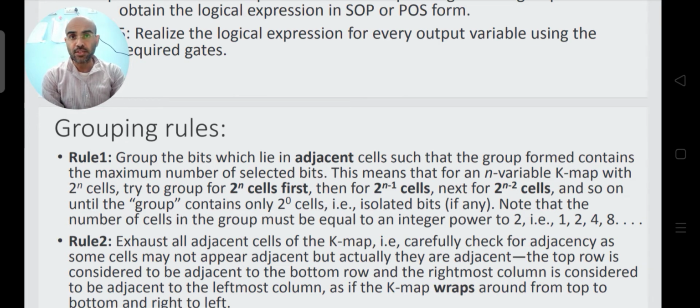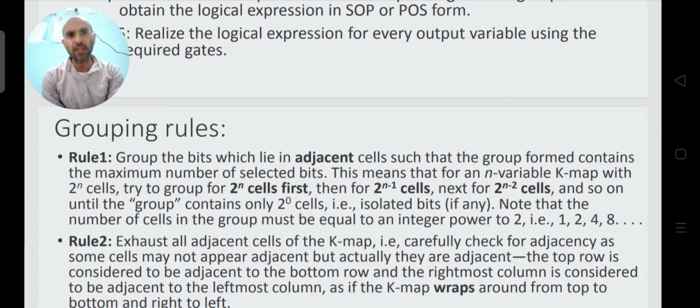If you have not practiced well, people make mistakes in applying the grouping rules. In a K-map, grouping is the most important thing. If you make a mistake in grouping, then your answer won't be correct. Also, there can be multiple answers. It is not necessary that everyone who solves a particular K-map will get the same answer.